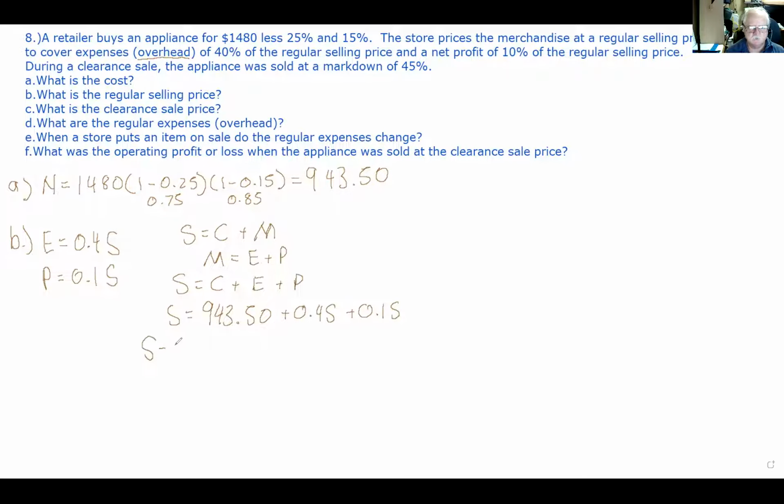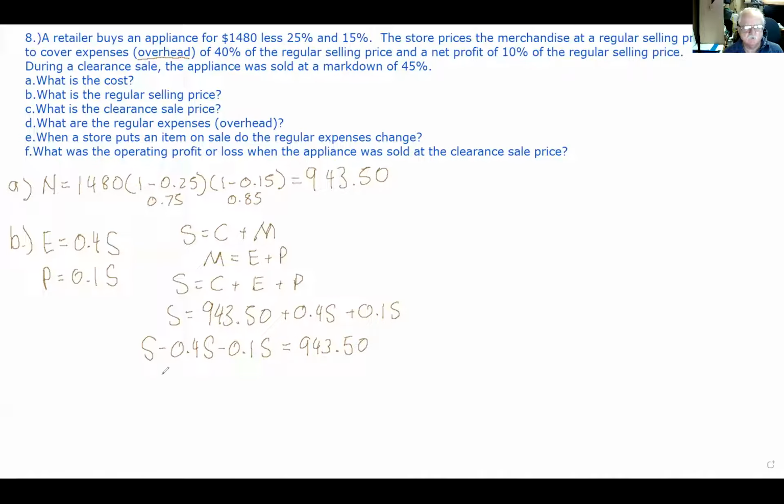S minus 0.4 S minus 0.1 S equals 943.50. And so there's an invisible 1 here. So this is 1 minus 0.4 minus 0.1.